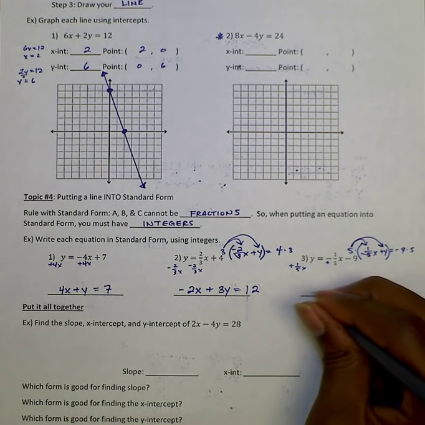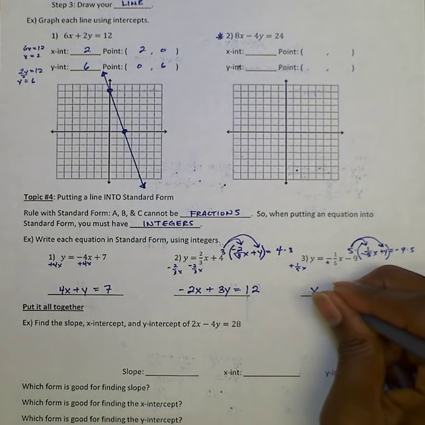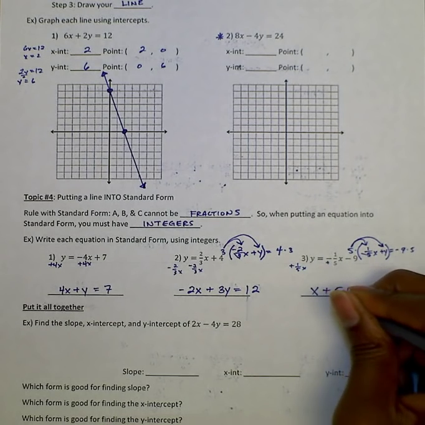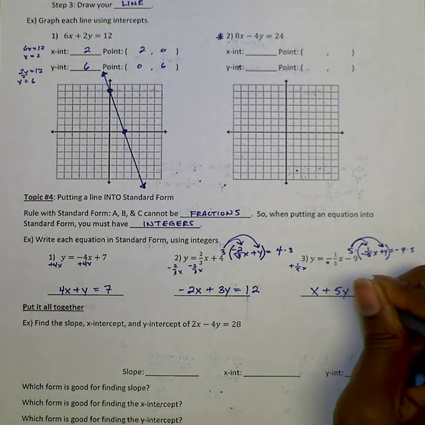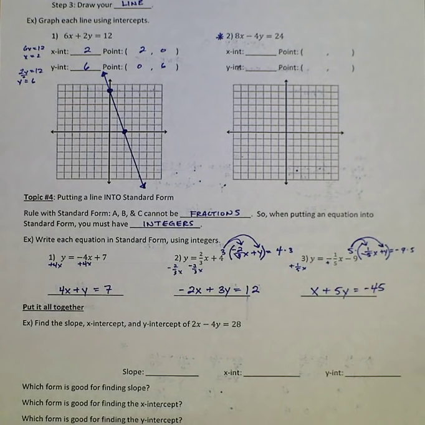So I have just x plus 5y equals negative 45. And there we have it, writing it from slope-intercept form into standard form and making sure that we use integers and not fractions.